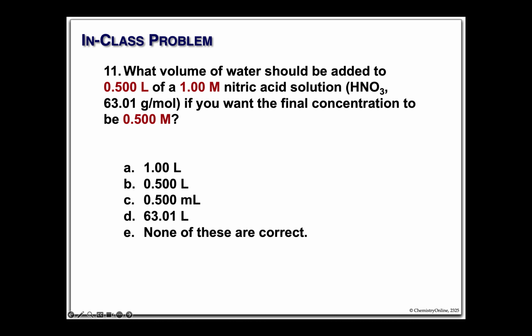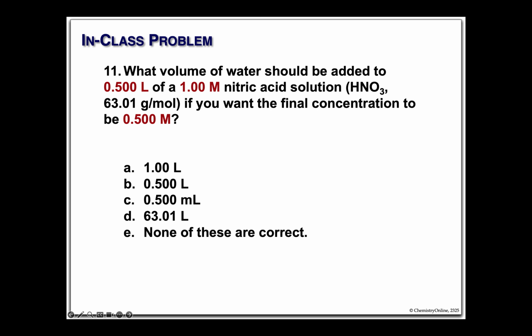Okay. We have half a liter of 1 molar nitric acid. Concentration times volume, this is half a mole. We want our final concentration to be 0.5 molar. 0.5 molar means 0.5 moles per liter.